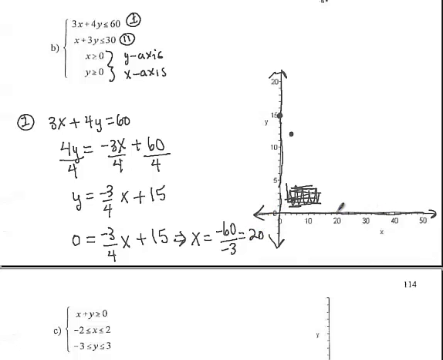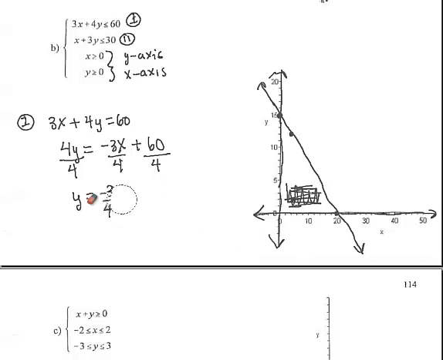So I can go over here on the x-axis and put a 20. These points on the x and y axis are going to be important, so we want to make sure this is accurate. I suggest you do this for each of the lines. Go ahead and find the x-intercept. It doesn't really add too much more work to the problem.